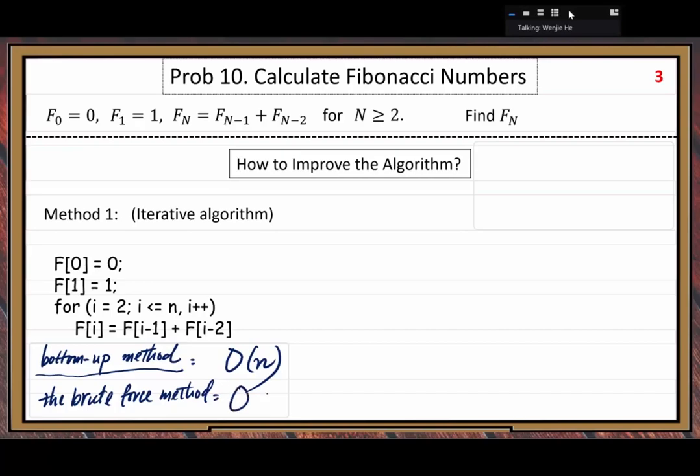Big O of, not n factorial, but phi to the n. Phi is the golden ratio.